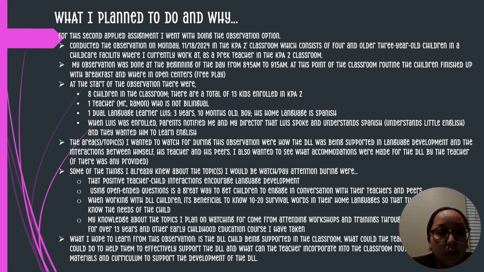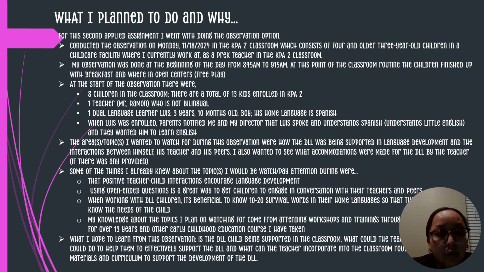The topics I wanted to watch for during the observation were how the dual language learner was being supported in language development and the interactions between himself, his teacher, and his peers. I also wanted to see what accommodations were made for the dual language learner by the teacher, if any were provided.